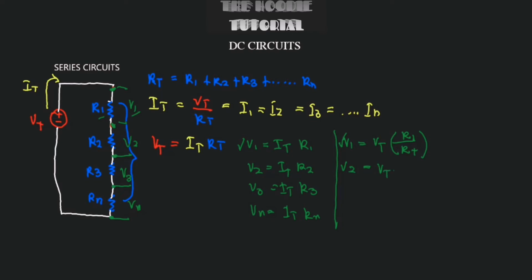We have the total voltage multiplied by R2, since we are talking about V2 right now, divided by the total resistance. The same goes for V3, that is the total voltage multiplied by R3 divided by the total resistance, and also Vn, that is the total voltage multiplied by Rn all over the total resistance.